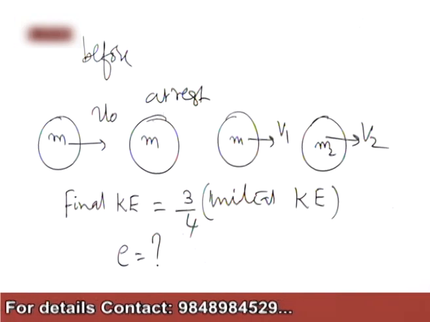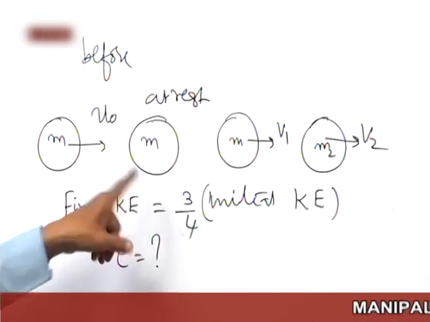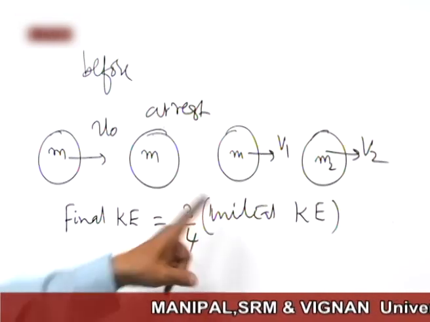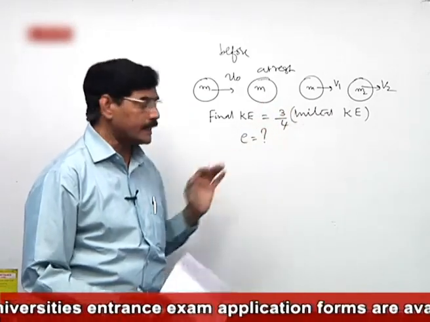In this simple case, there is a one-dimensional inelastic collision because kinetic energy is lost. 3/4 of the initial kinetic energy is the final kinetic energy, so some kinetic energy is decreased.